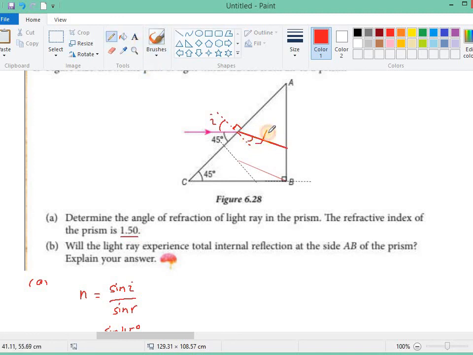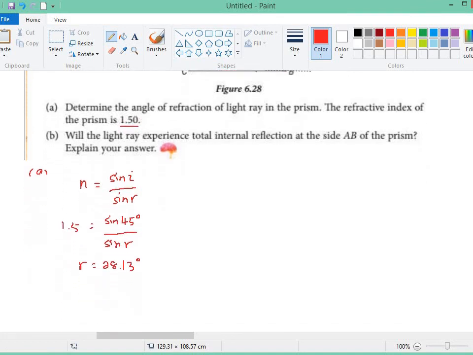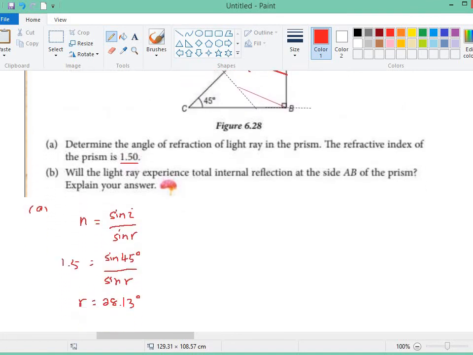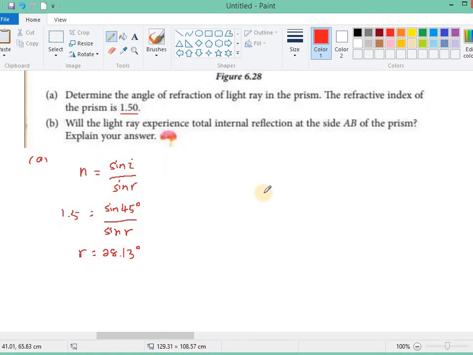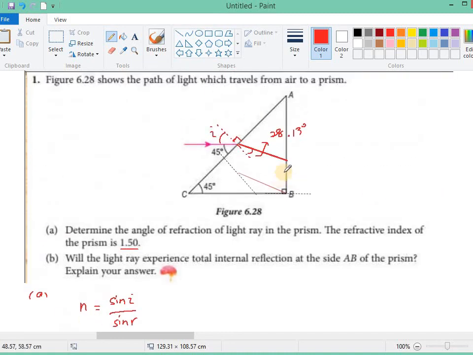So the light comes out like this, and this angle here is 28.13 degrees. B, will the light ray experience total internal reflection at side AB of the prism? We need to calculate the incident angle here. This is the normal.